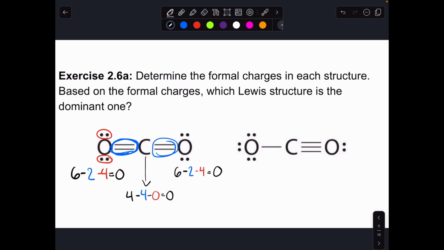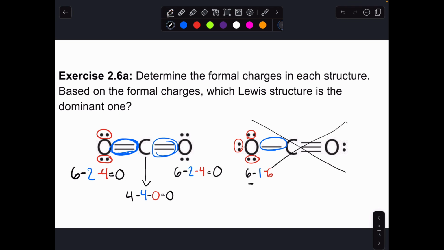So as of right now, because we got 0, 0, 0, this in a sense proves this is not the right structure, and this is the one that is. But just to show you the difference, let's calculate this one really quick. So oxygen is 6. We're going to minus the 1 line, and then minus 2, 4, 6 dots.